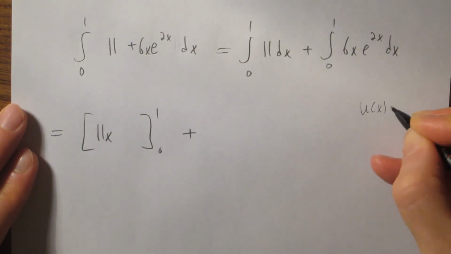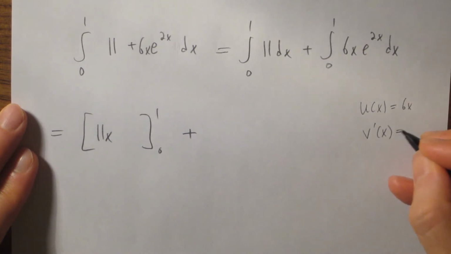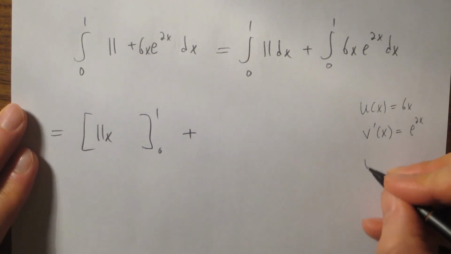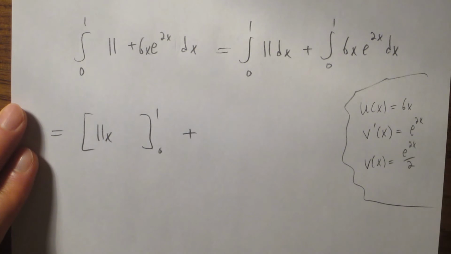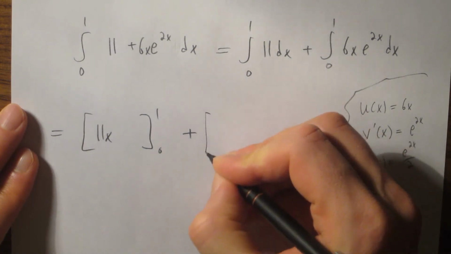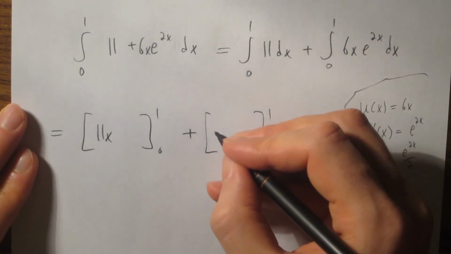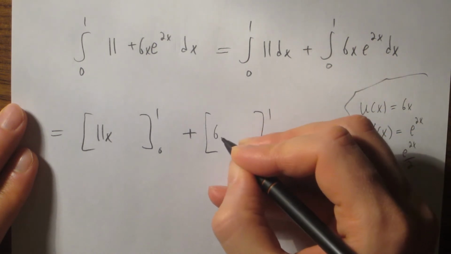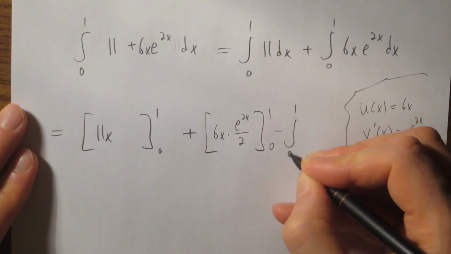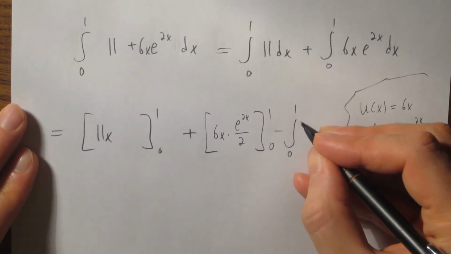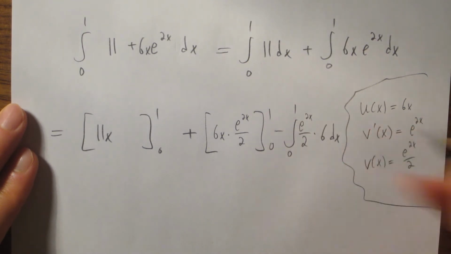So as before, we will let u(x) be 6x, and then v prime x has got to be e to the power 2x, and so v(x) is e to the power 2x over 2. And let's write that on the side like that. So we have the square brackets 1 and 0, and here we have u(x) times v(x) minus the integral from 0 to 1 of v(x) times the derivative of u.